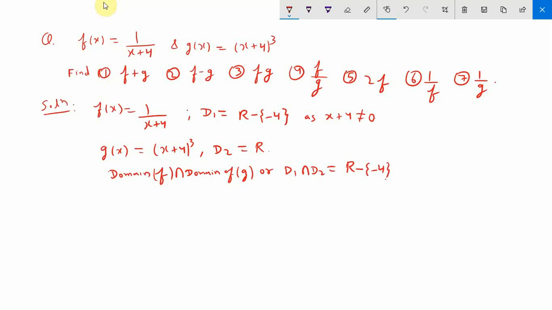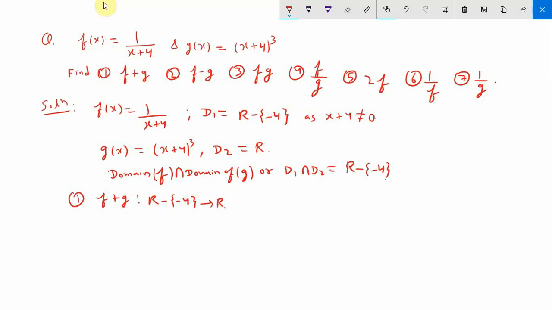So now we will start with f plus g. So if we define f plus g, its domain will be R minus {minus 4} to R.